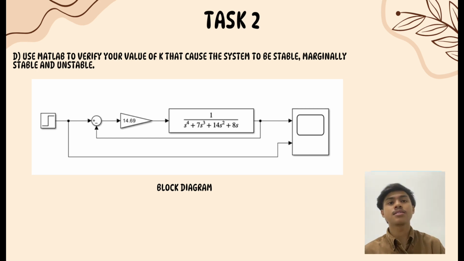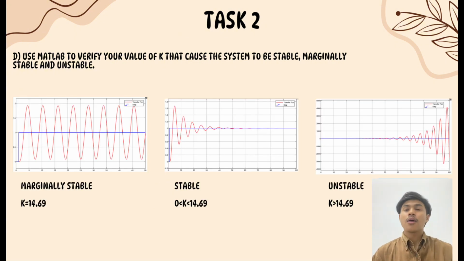As we can see, this is the block diagram that we put in MATLAB. So for this part D, we need to use MATLAB to verify the value of K that causes the system to be stable, marginally stable or unstable.